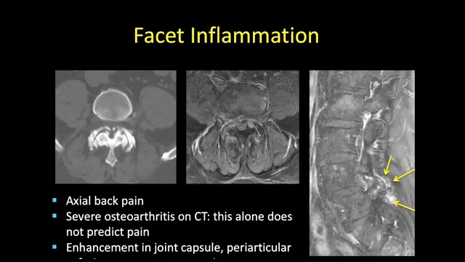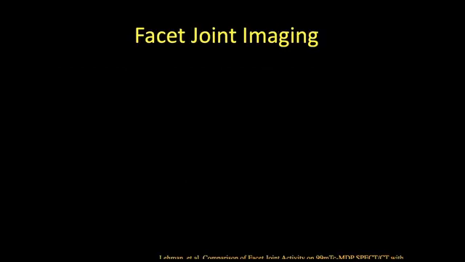So severe morphologic changes of osteoarthritis alone doesn't predict pain, whether it's on MRI or CT. But the subarticular bone marrow edema pattern, capsulitis, if you see either edema or enhancement of the capsule, if you give contrast material, then suggests that this is more likely to be a pain generator.